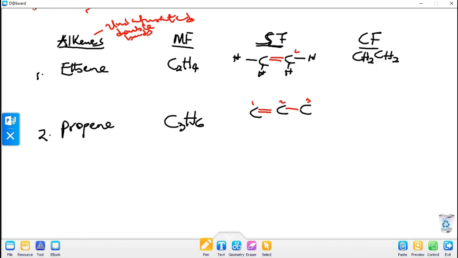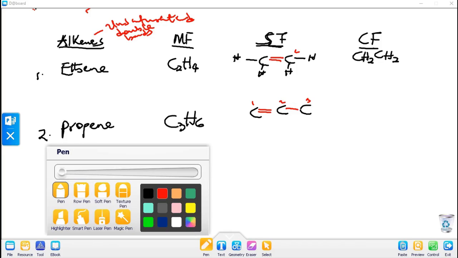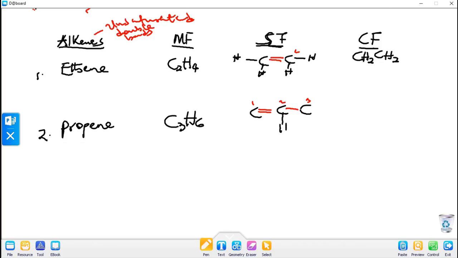So carbon 2 needs just a single bond, and we can rightly give carbon 2 1 hydrogen.